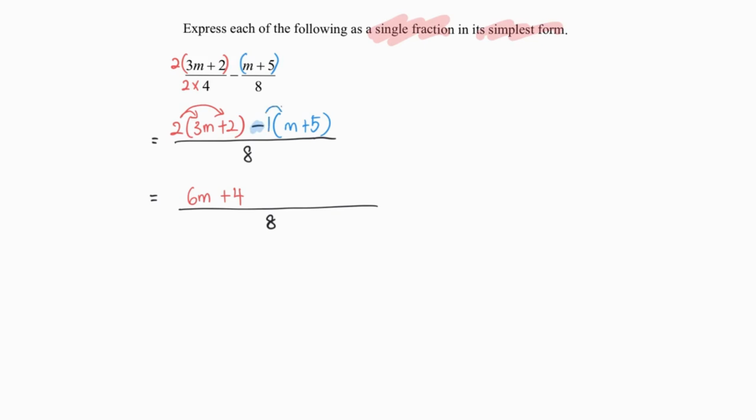So negative 1 times m will be negative 1m. Negative 1 times positive 5, negative 5. And finishing, whole thing still over 8. And I would then see my 6m minus 1m, 5m. 4 minus 5, negative 1.